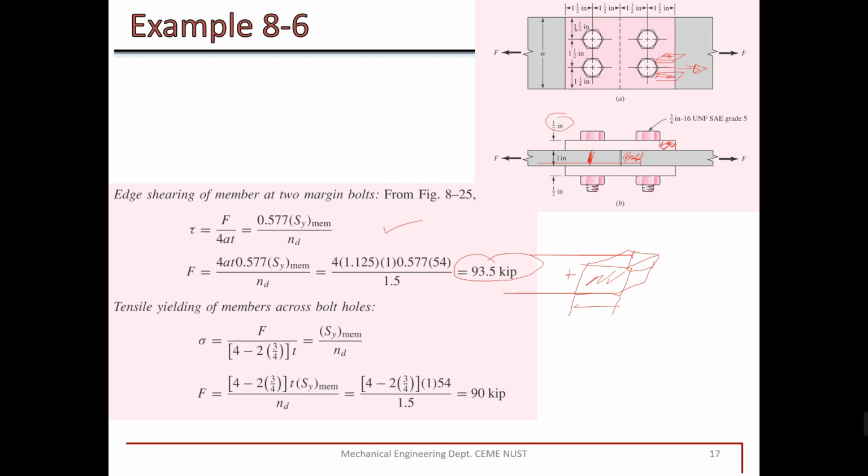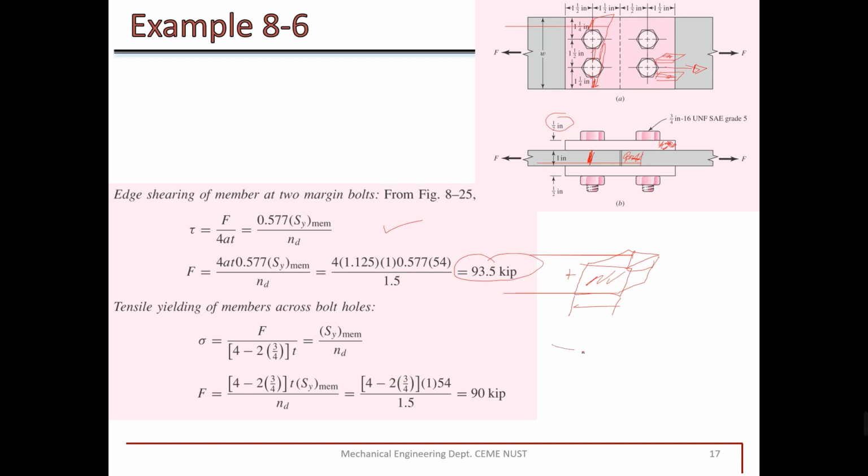How? If you do not consider this pink portion, there is a gray plate below. The cross-section area of this plate is this thickness multiplied by its width. This cross-section area is equal to 4 minus 2 bolts multiplied by the diameter.